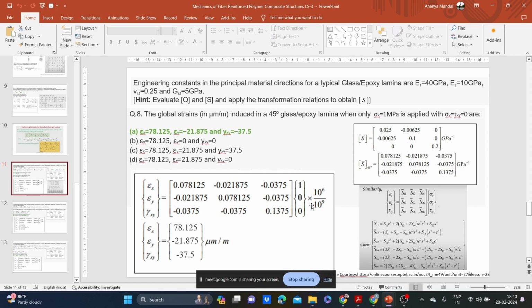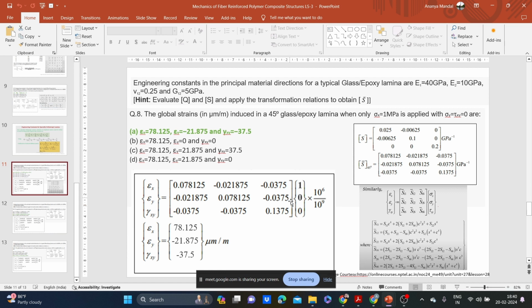See, if you want to know how to multiply this: the first term will be multiplied by this, plus the second term multiplied by this, plus the third term multiplied by this. That will give the first entry. When multiplying two matrices, suppose the first matrix is 3 cross 3, that means three rows and three columns.